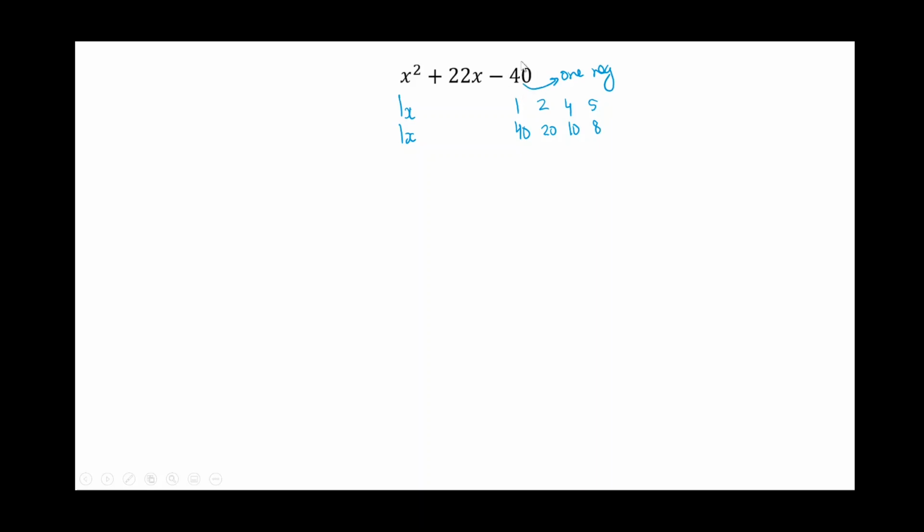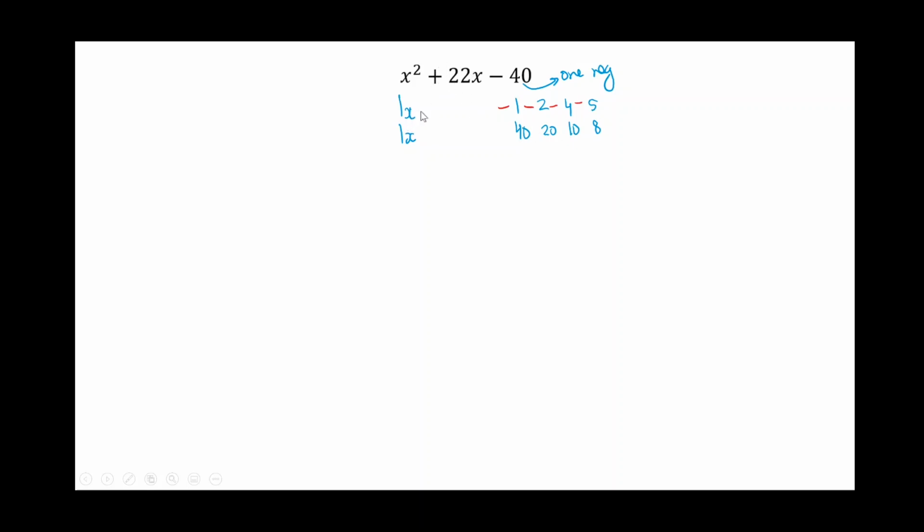Then this number is a negative, so all of these combinations here should have one negative. So I'm going to choose to put the negatives on the smaller numbers because when you crisscross and multiply this, we need to get a result that's positive 22, and it's not going to be possible to have the negatives on bigger numbers, and we'll have a negative middle term.